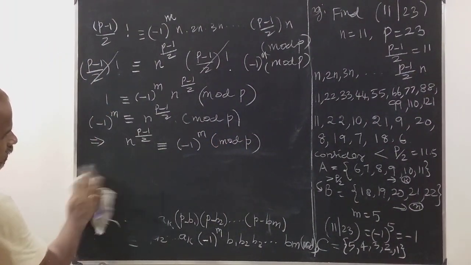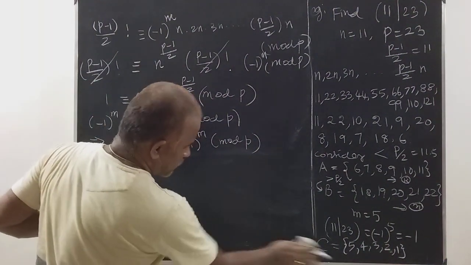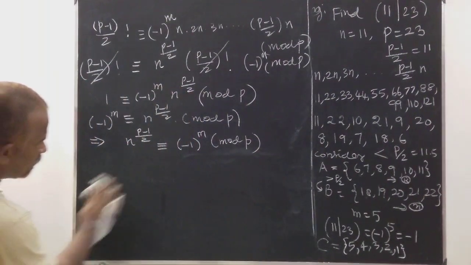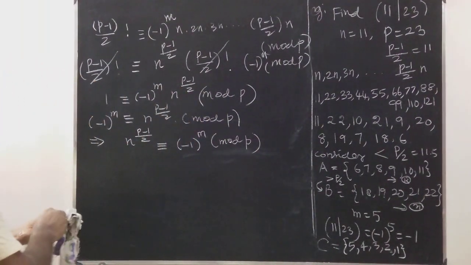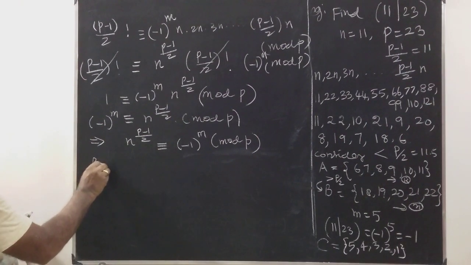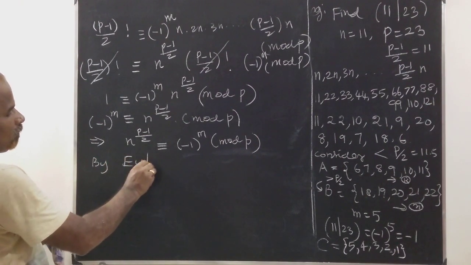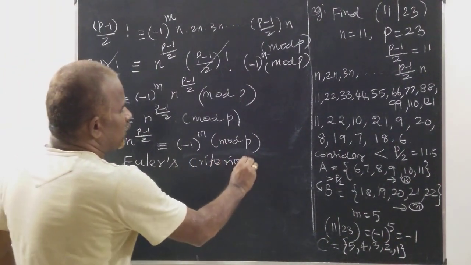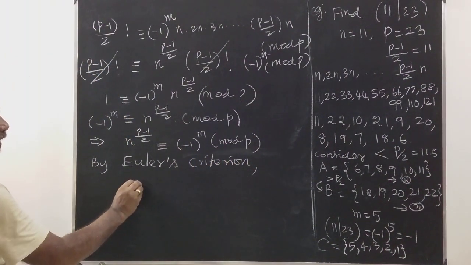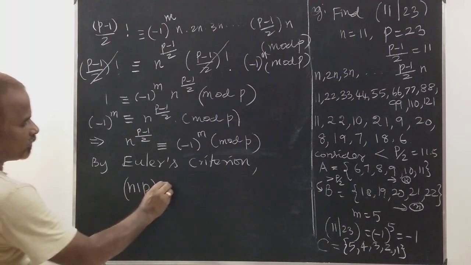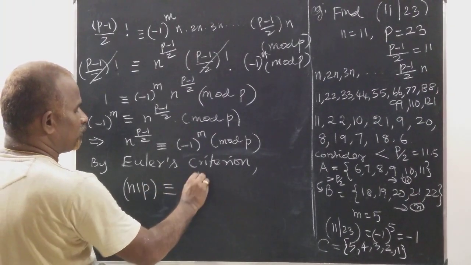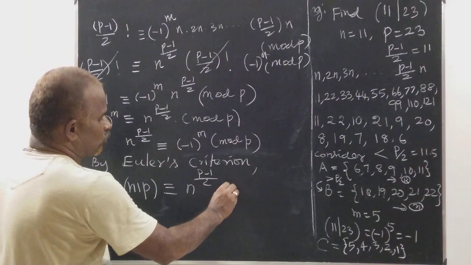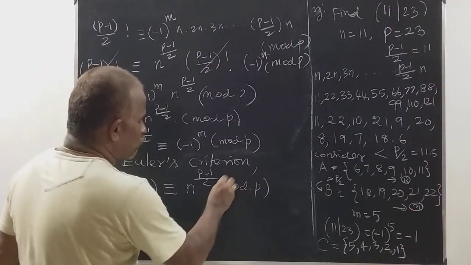By Euler's criterion, (n over p) is congruent to n power (p minus 1) by 2 mod p. Already we proved this.